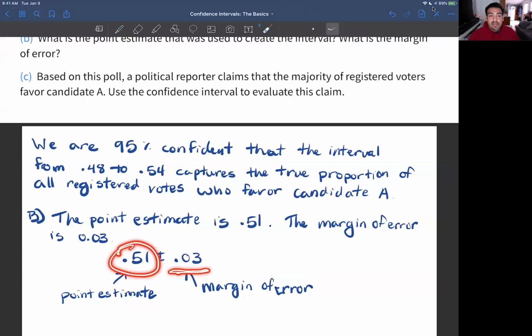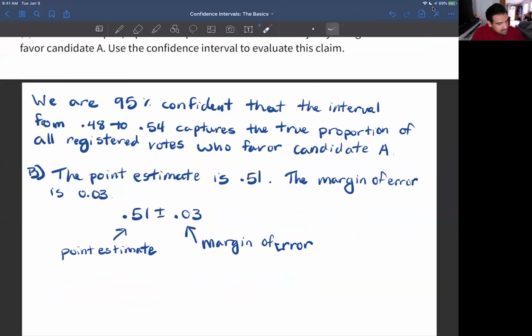The margin of error is going to take into account the sampling variability that we've talked about. But technically in our interval, we do have values that are less than 50%, right? Although there are more values that are greater than 50%, and although the actual proportion for the sample we collected was greater than 50%, we have to recognize that there are values less than 50%, which does not show that the majority favor candidate A.